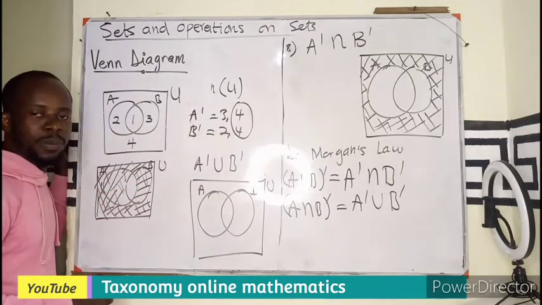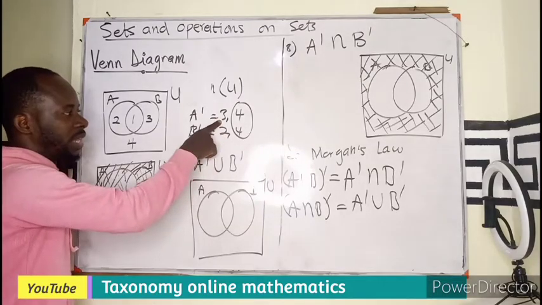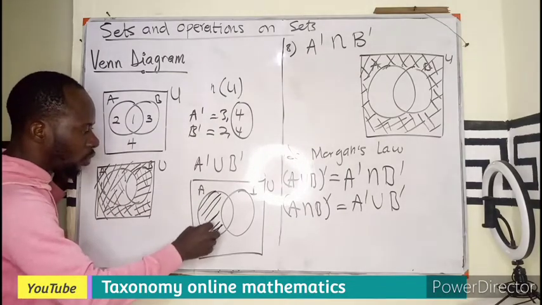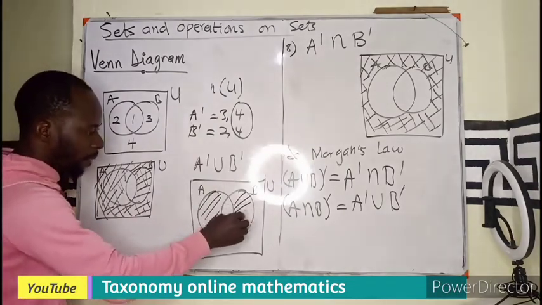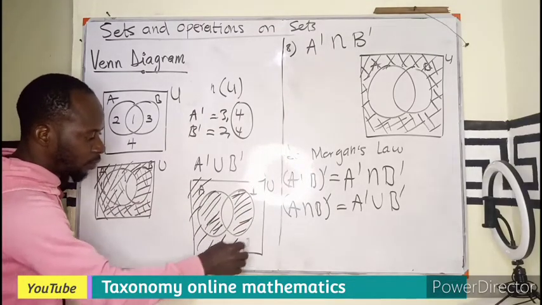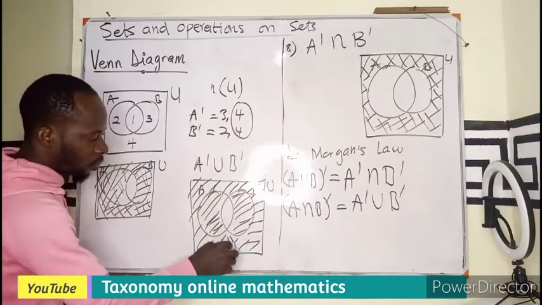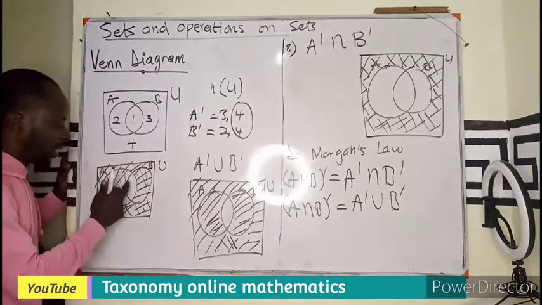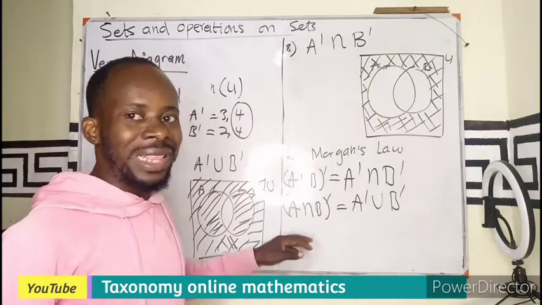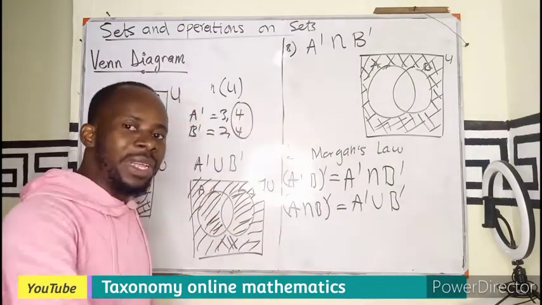They say union, so putting together region 2, region 3, region 4, combining the two sets together. So you can see that the middle is unshaded. So it is also true that the complement of the intersection of two sets is equal to the union of the complements of the two sets.